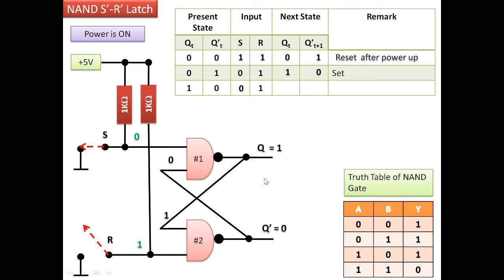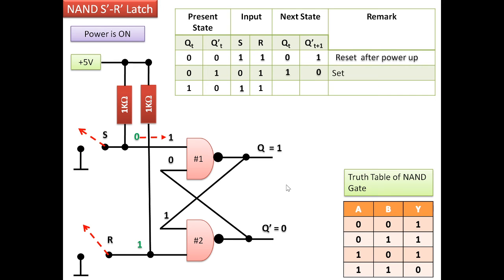Similarly, now if we move on to the next section where the previous state was 1 0, it is now the present state. Now the output 1 and 0 are available, and this particular output is fed back to the respective NAND gates. Now what we will do is we will see if we restore the switch S to 1 again, what happens to the output.